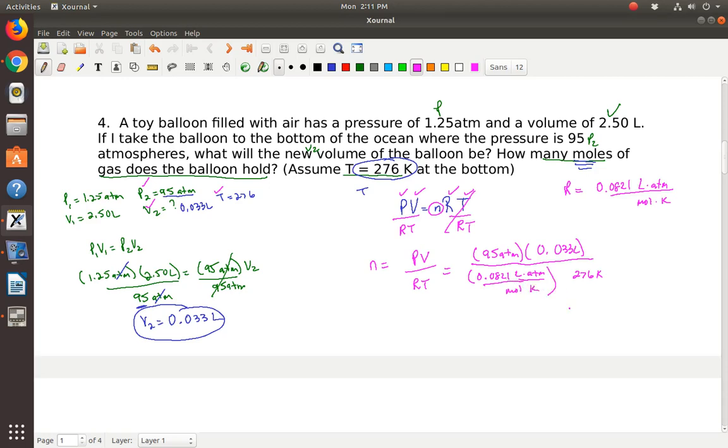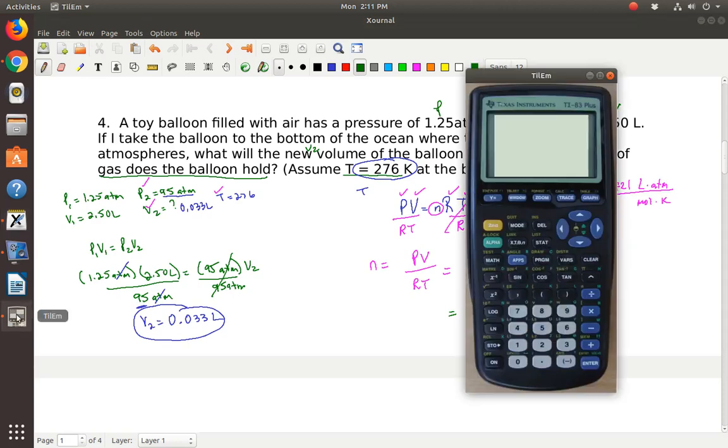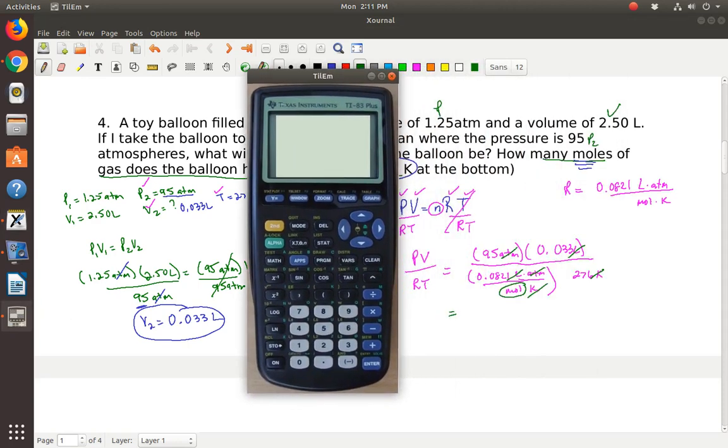It's that whole thing. And now we have to cancel out all the individual units. Atmospheres and atmospheres, liters and liters, kelvins and kelvins. Moles is the only thing that I didn't cancel out. It is asking for moles. And so I'm going to pull the calculator up this time and show you how to do the calculation.